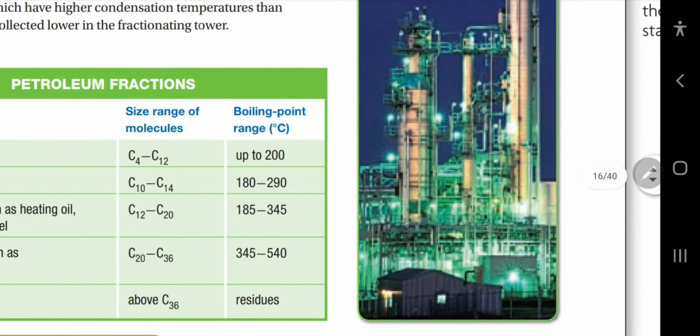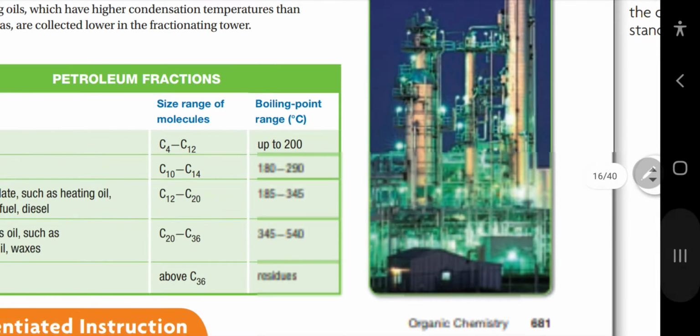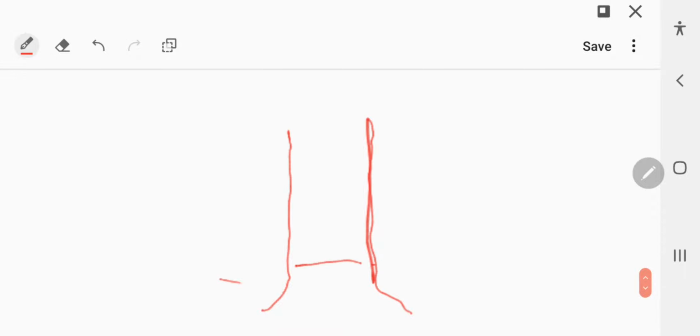Now, the main principle for fractional distillation, guys, is just to understand the process here. Here we put the raw material, petroleum, with heat, and we increase the temperature. The temperature here will be very high.